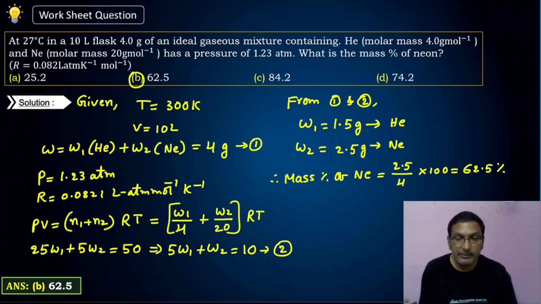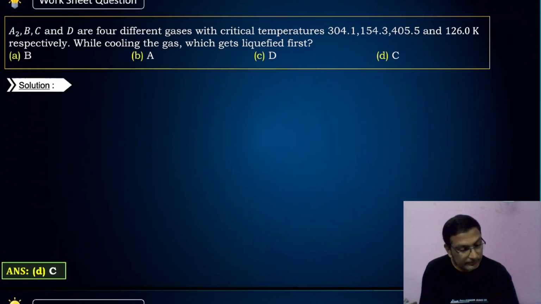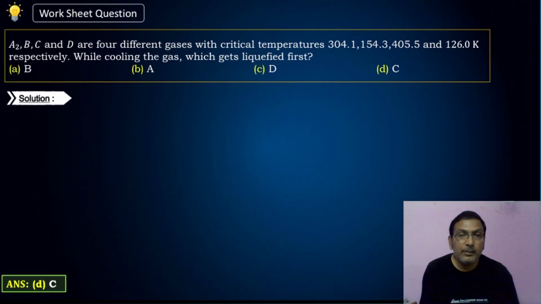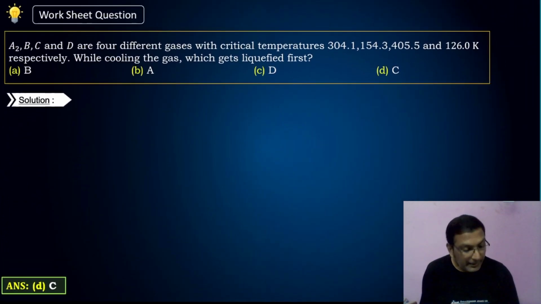Next one. Here A, B, C, D, 4 different gases are given with critical temperatures. Which gas will be liquefied first? Very very important model.